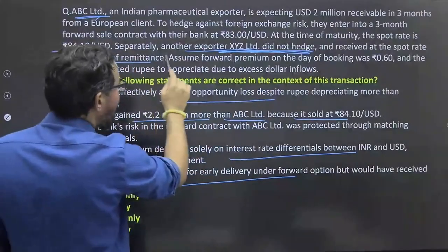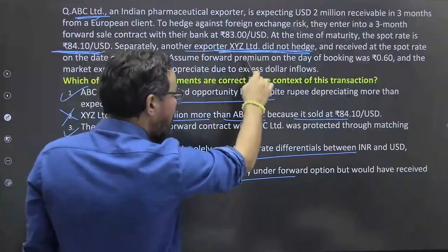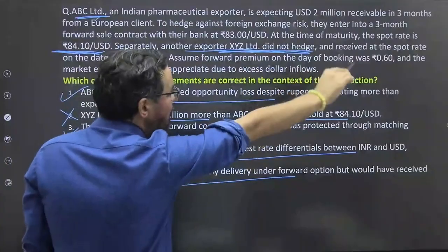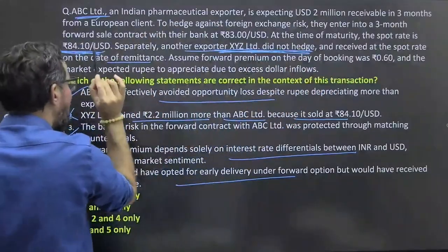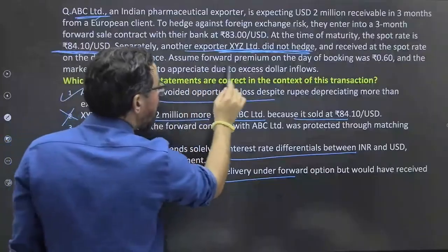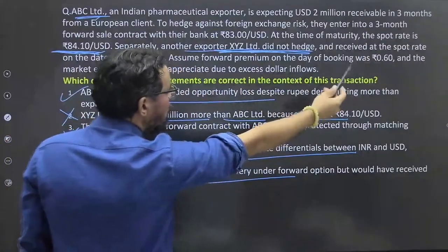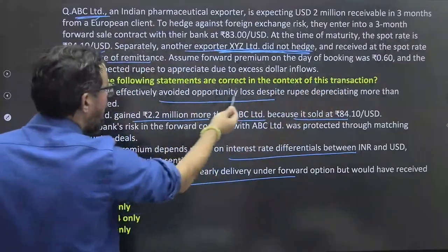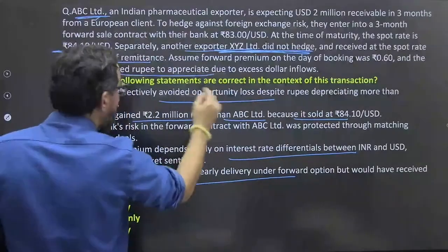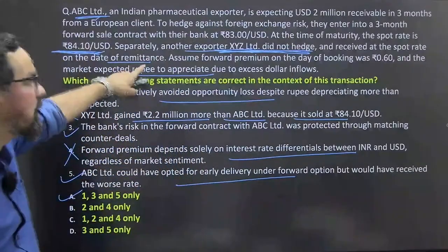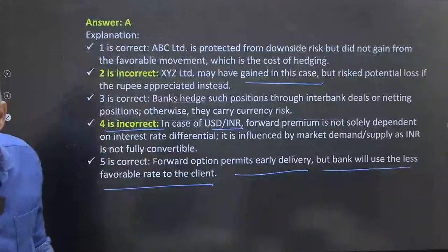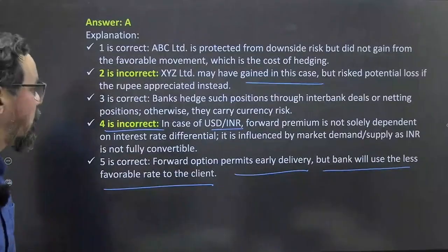Another exporter XYZ Limited did not hedge and received at the spot rate on the date of remittance. Assume forward premium on the date of booking was at a point, so the market expected rupee to appreciate, okay? If it happens, they face some sort of losses in that particular case, okay?